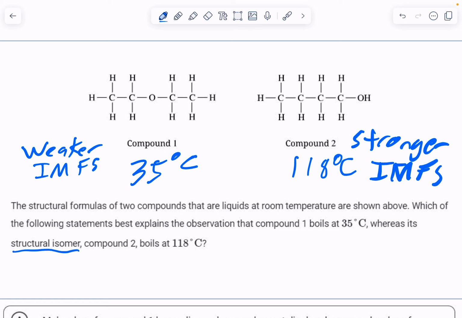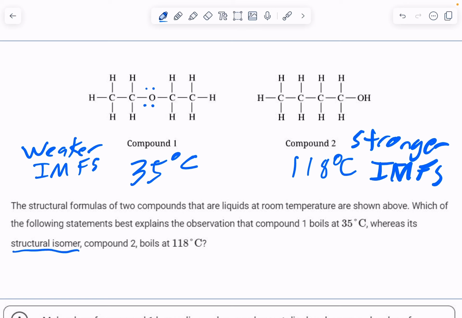First off, all molecules should do dispersion forces. And since these have the same molecular formula, those dispersion forces are going to cancel each other out. They have the same amount of atoms, so they're going to have the same polarizable clouds that they can form. Looking at these two, this one on the left appears to be nonpolar, but actually this oxygen in the middle, even though they don't put it in there, has two lone pairs on it.